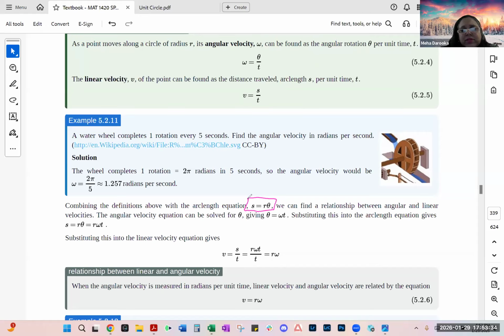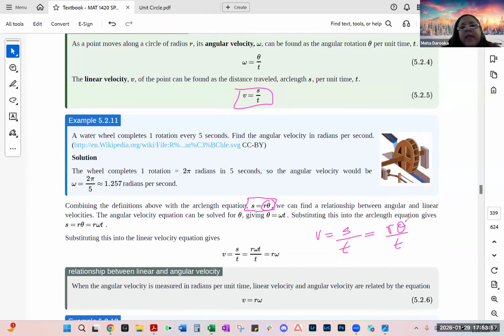Now, your textbook goes in a little bit of a roundabout way, but we can start with the initial formula for the linear velocity, which is given to us right over here. We define S as r times theta, right? So we've got S as r times theta.